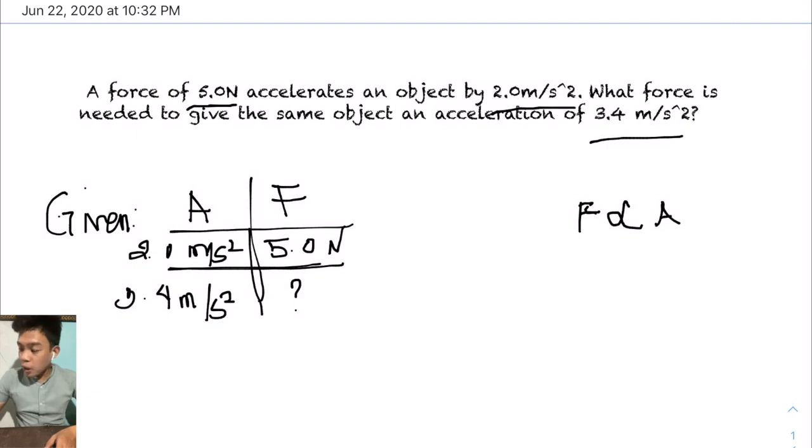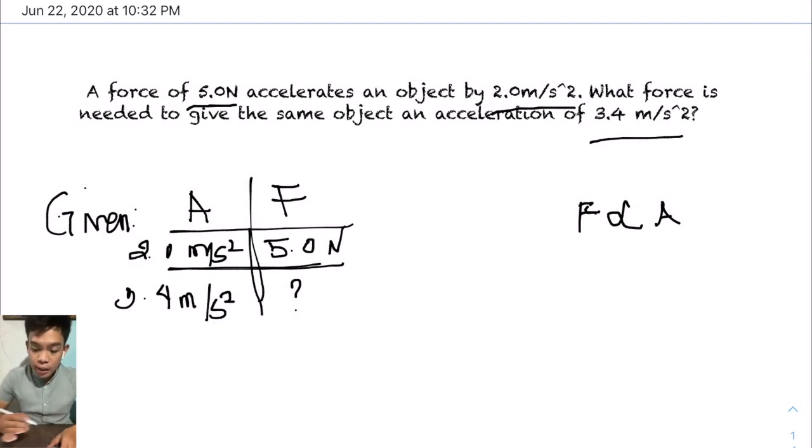It is hard to predict because we don't know how many fold the variable increases. From 2.0 to 3.4 is not half; if half were added to 2.0, it should be 3.0. Actually only about 75% was added to the force, so the force of 5.0 newtons should also increase, not decrease.